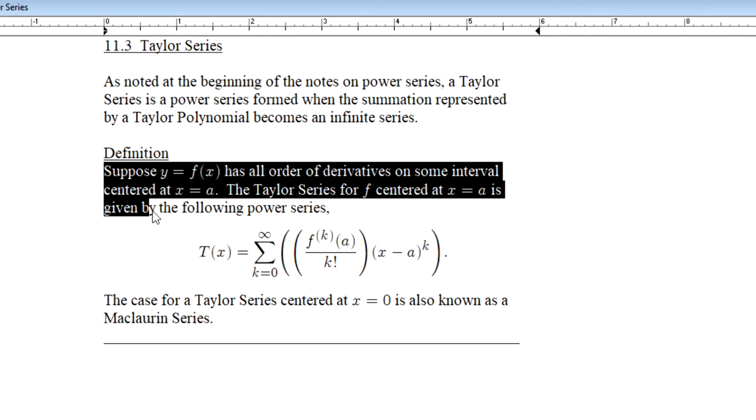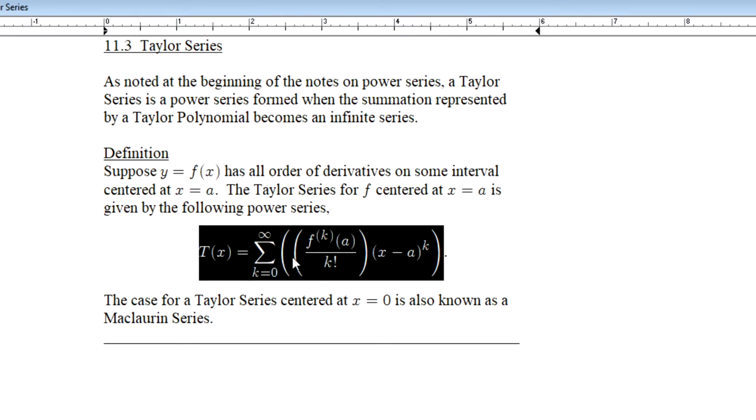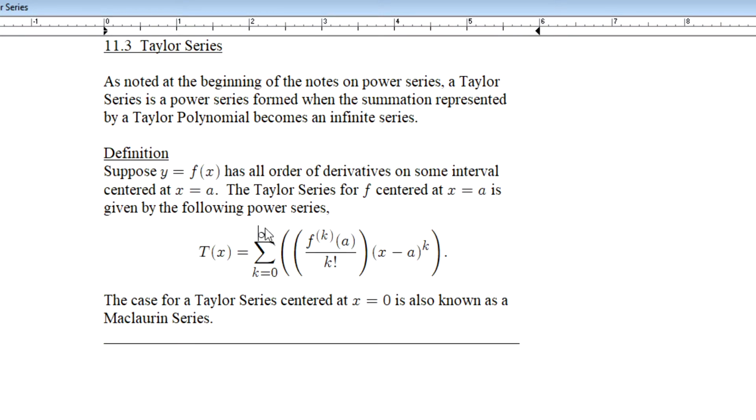You see a definition that starts off very similar to that of an nth degree Taylor polynomial, but instead of having an upper bound on that summation that is indicated by the degree of the Taylor polynomial, we consider having that value of n be represented by infinity.